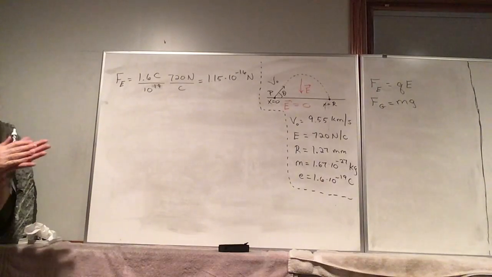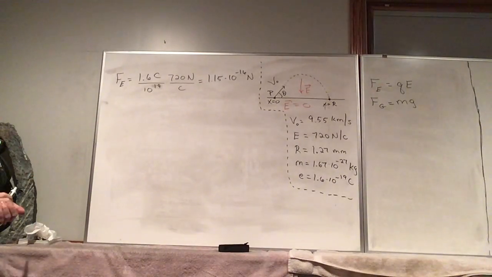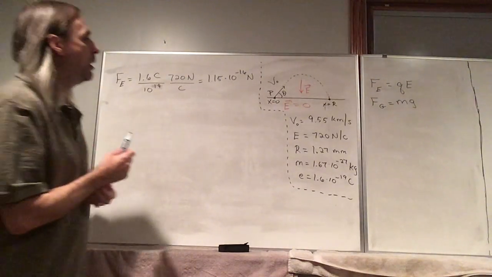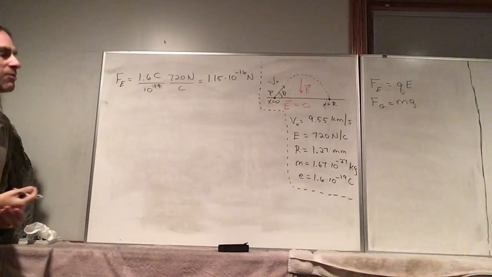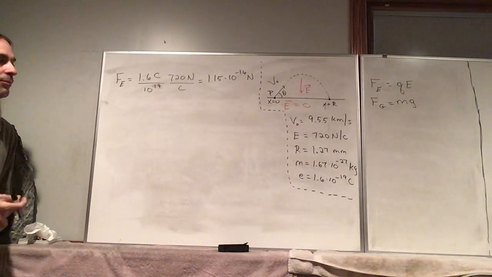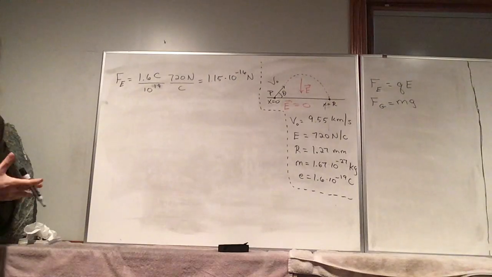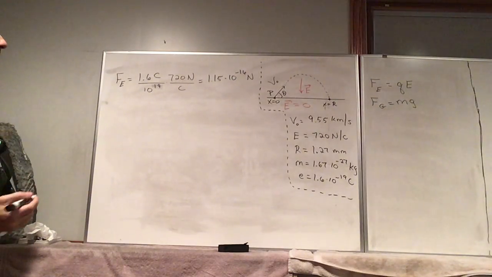Okay, so now this is essentially just a kinematics problem. We have a vertical force downwards. So let's describe the path of the particle. In the x direction, there's no force.